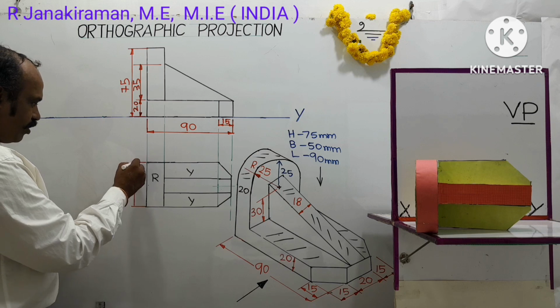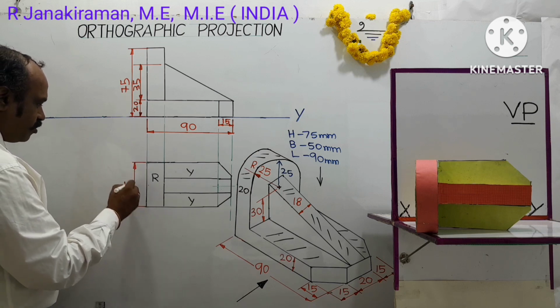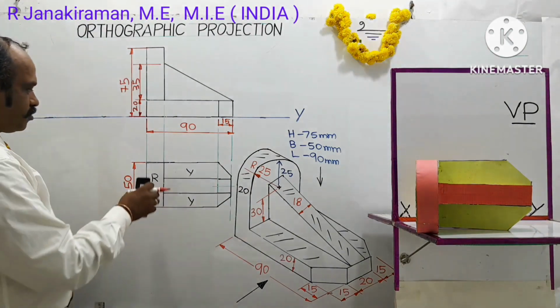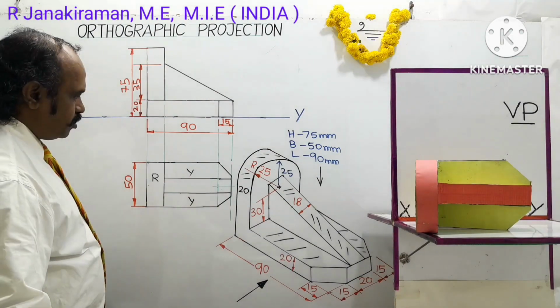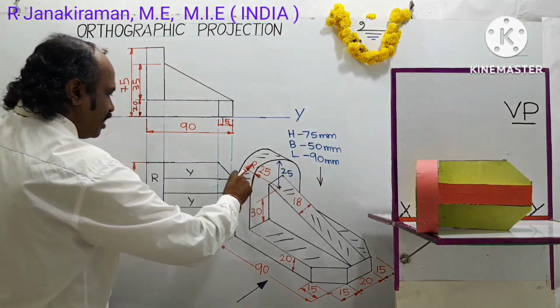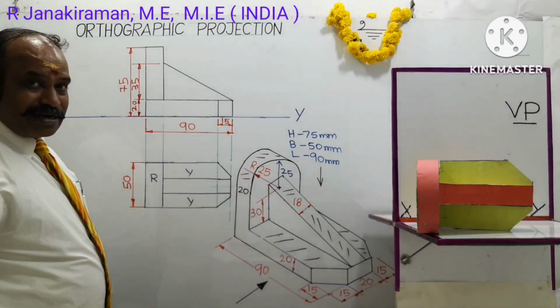Put arrowheads, shade them, and mention the size as 50. Next we have to dimension this rectangular portion thickness. So later we do it here. I have to erase some part of this 3D diagram, okay.